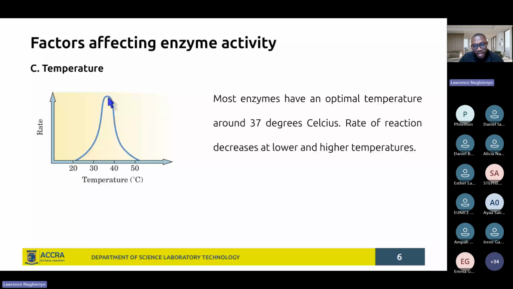Because optimal temperature can be different for different enzymes in different organisms. Because you can have some thermophilic bacteria that live in very hot environments, even up to about 100 degrees Celsius. You have some thermophilic bacteria in the deep sea.